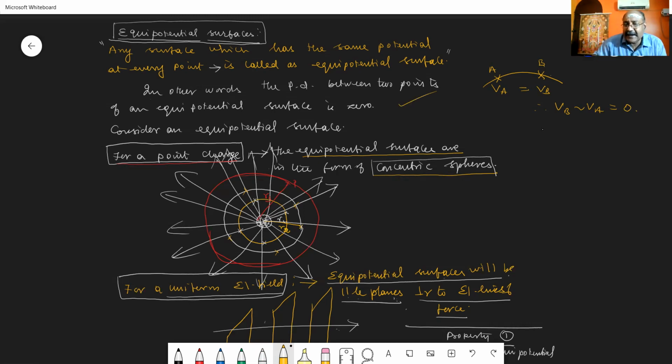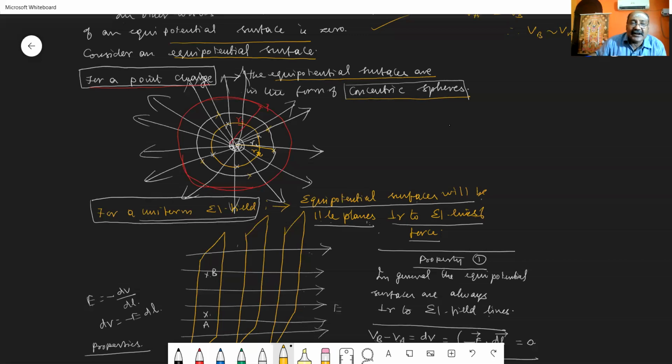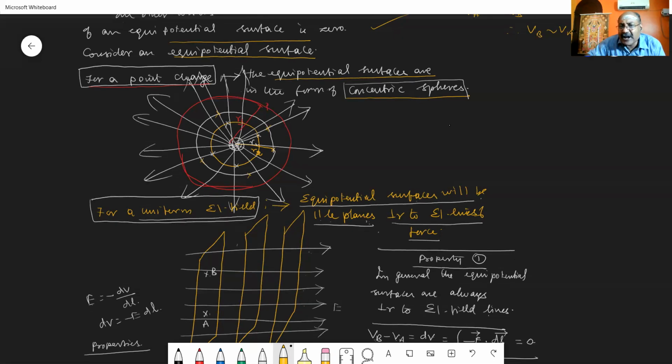So in order to explain the properties, let us consider an equipotential surface. I have taken two examples. In one example, I have taken a point charge. See, in case of a point charge like this, plus Q, the electric lines of force are acting radially outwards. Now, if you want to consider an equipotential surface at a particular distance R1, take the charge as center and R1 as the radius.